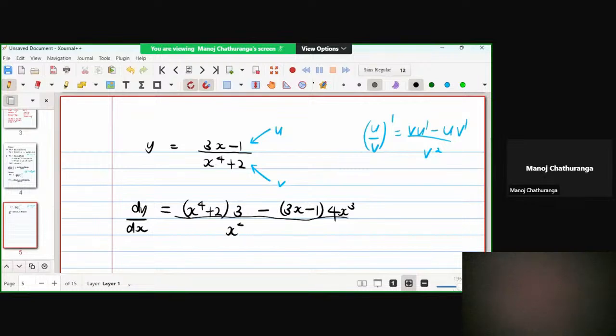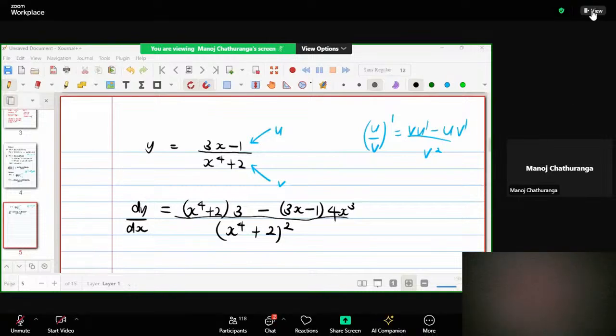Divide by the denominator squared. Yeah, this is the answer. If you want, you can simplify this.